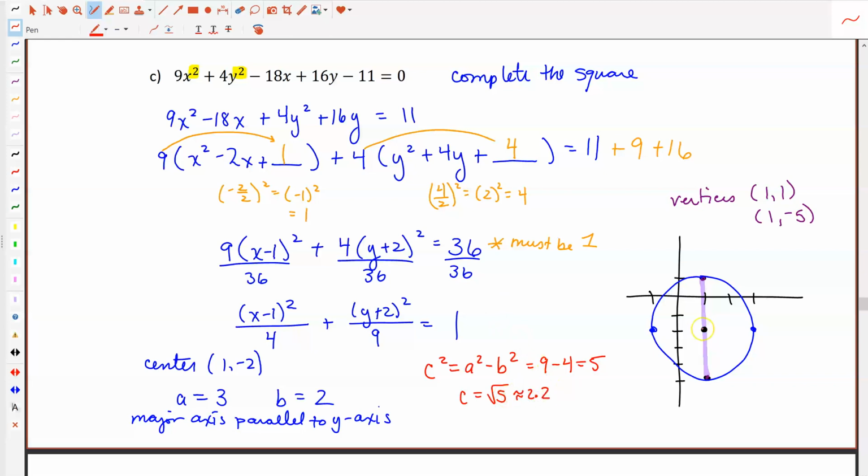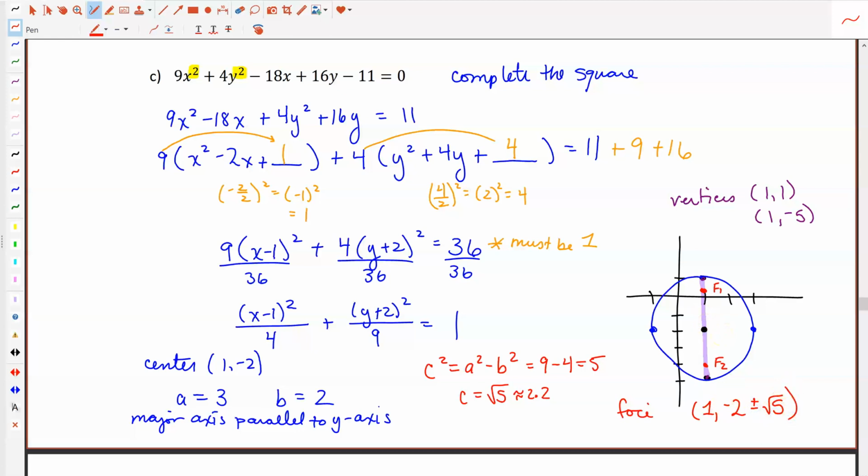From my center, up 1, 2 and a little bit more, down 1, 2 and a little bit more. Those are going to be my foci. So we will have foci at 1, and then -2 plus or minus square root of 5.